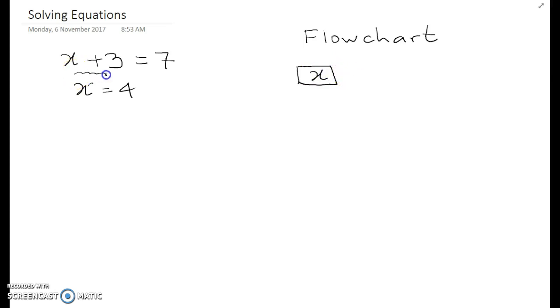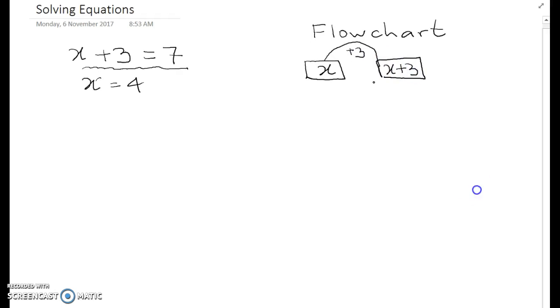Looking at this equation, we can see that 3 has been added to x. So I'm going to have another box and say here plus 3. So x plus 3, that's what happened to x. And then from here, I'm just going to put another box and put the number 7 here. So what I'm saying here is that x plus 3 is equal to 7.